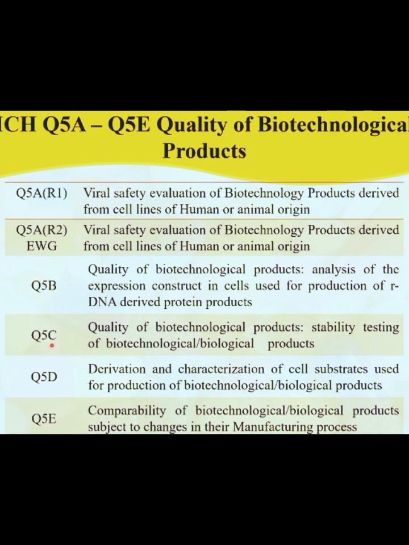And Q5C, it deals with the stability testing of biotechnological or biological products. And Q5D deals with derivation and characterization of cell substrates used for the production of biotechnological or biological products. And Q5E, it deals with comparability of the biotechnological or biological products subject to changes in their manufacturing process.